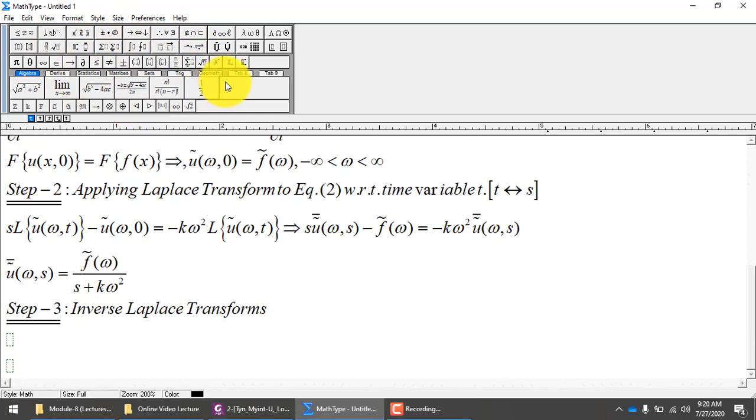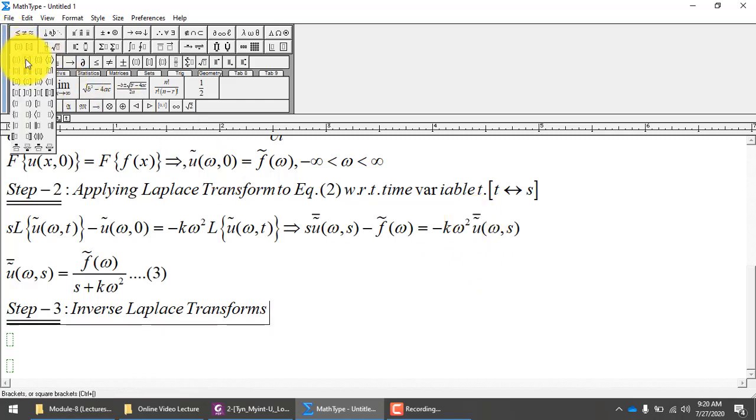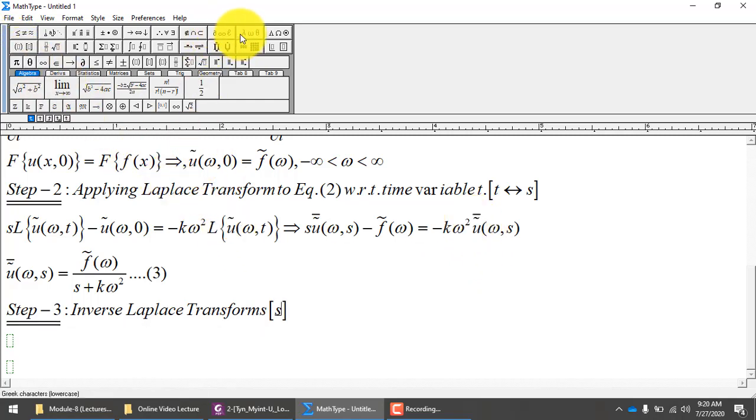Now the inverse Laplace transform, applied to equation 3. Name that equation number so that it will be easier for you to understand. What the inverse Laplace transform does is it gives the answer back in the time domain. So s is now changed to t, to equation 3.